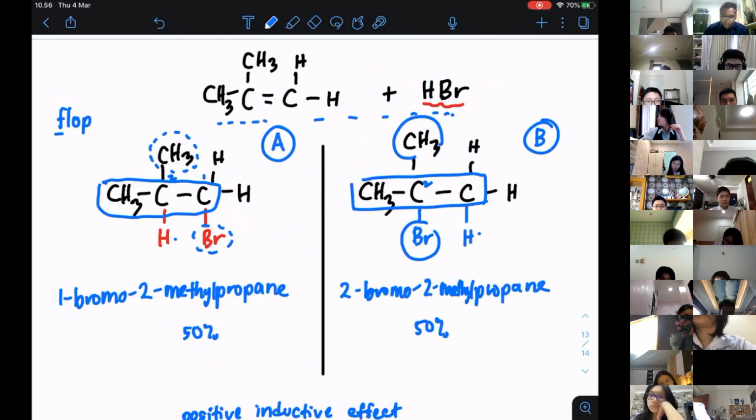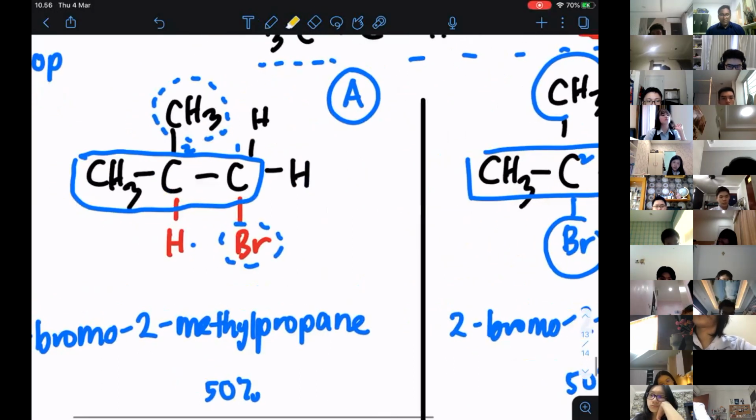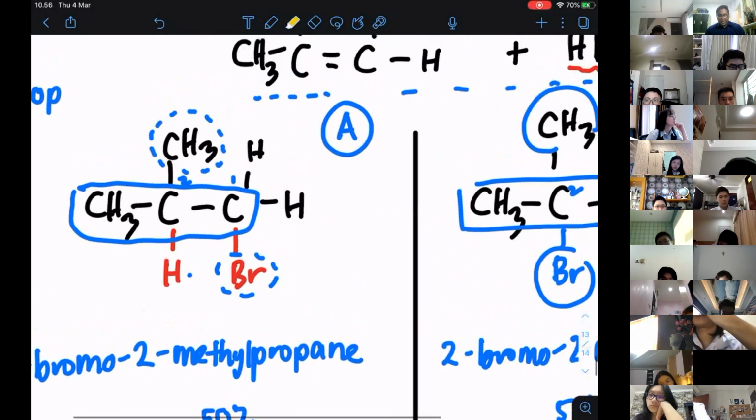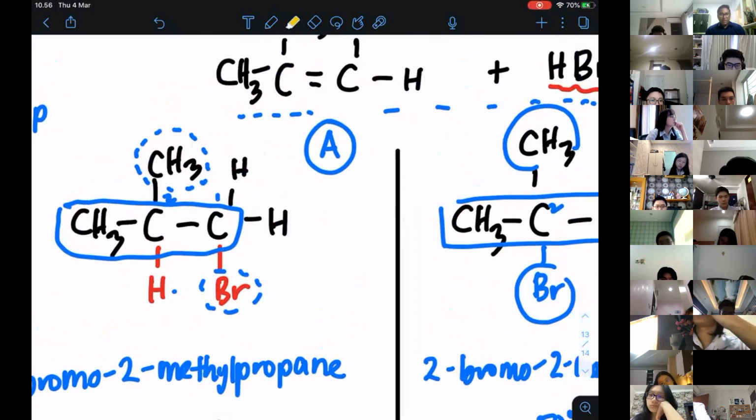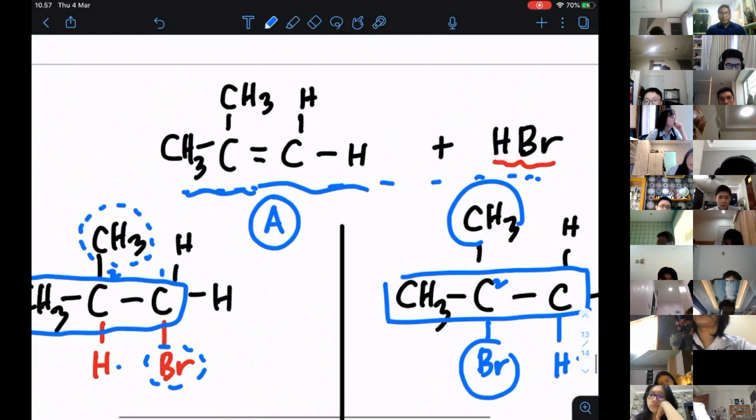If I put the carbocation, it's very difficult to look at it in this form, because I do not know what the carbocation is. So let's try to redraw this. The electrophile is going to be the H plus.